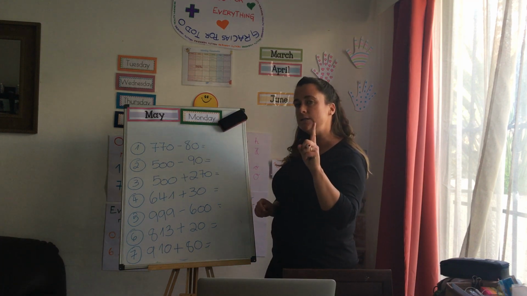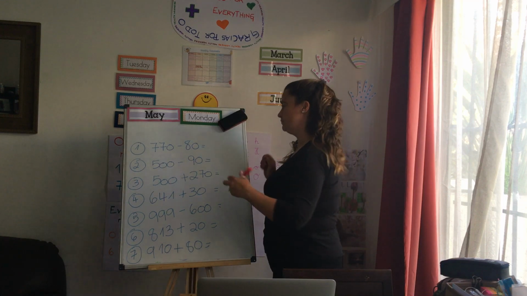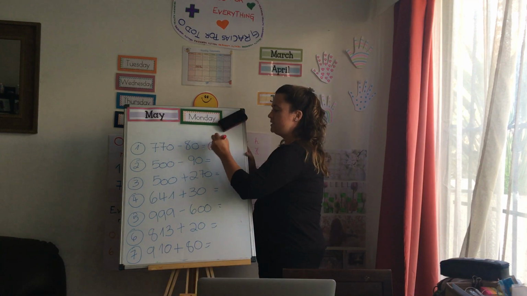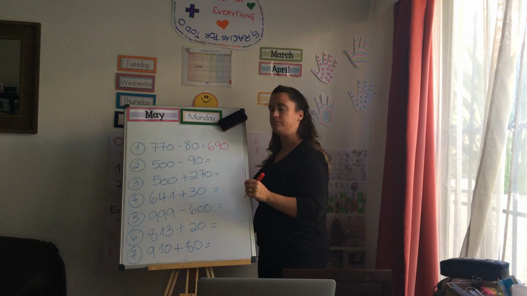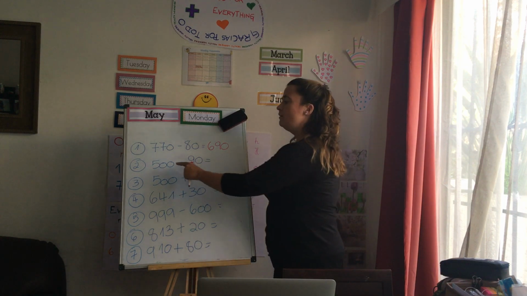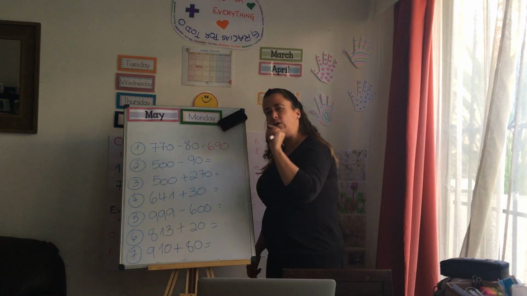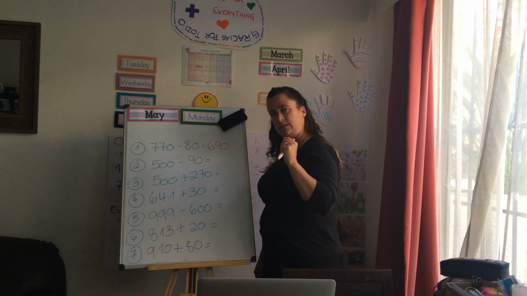770 minus 80. Good. 690. Good job. Can you see that they're getting just a little bit more complicated?